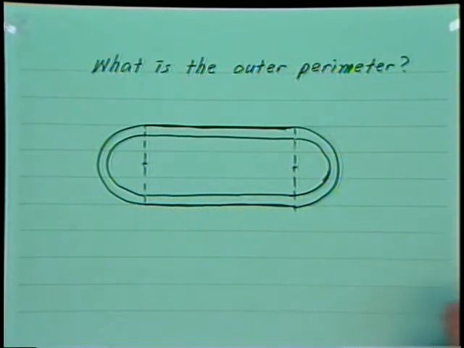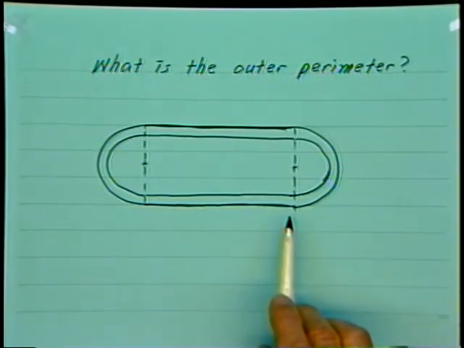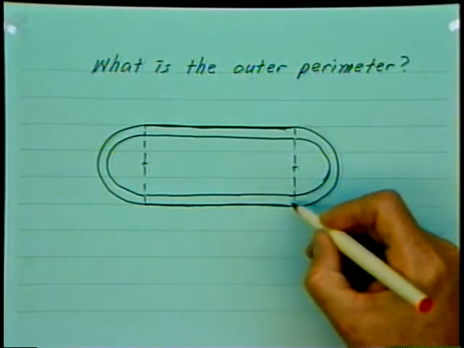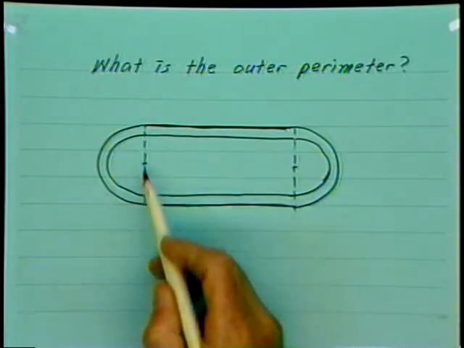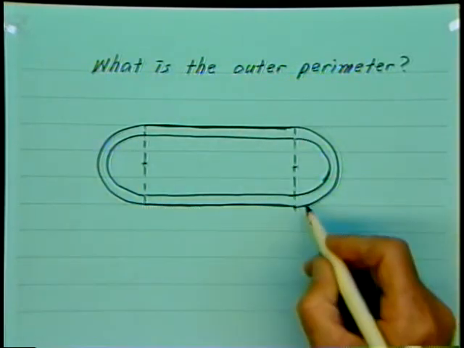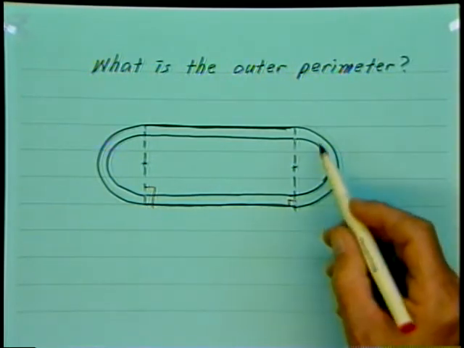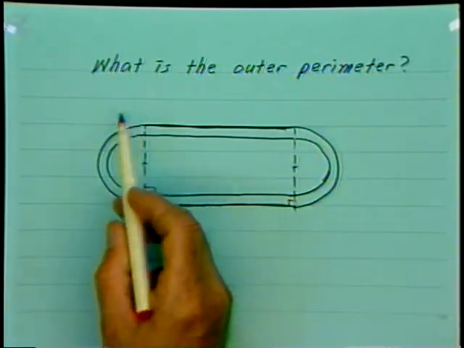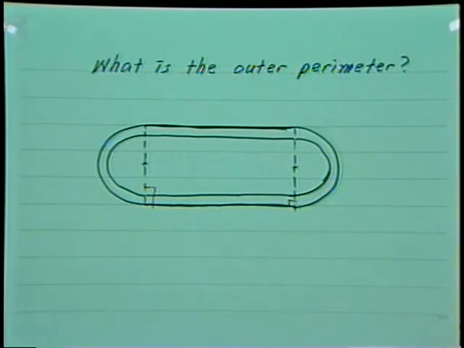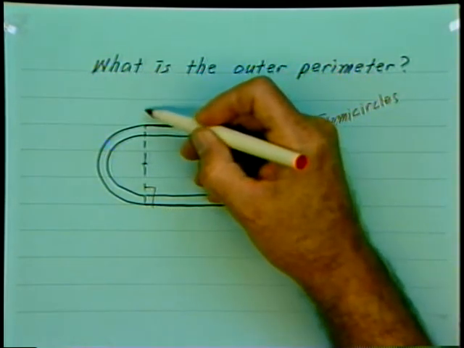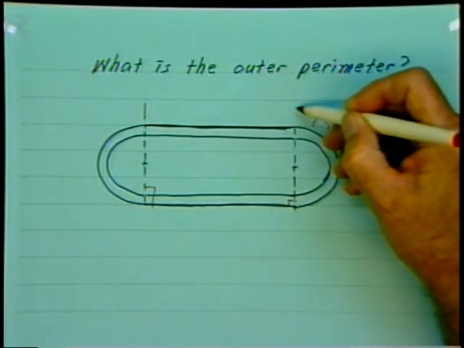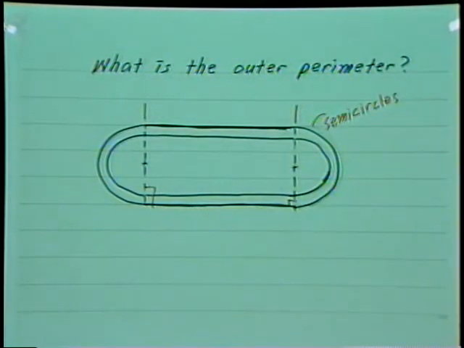Can we determine what's the least measurements we need in order to find that if we were told that in fact this central portion here is a rectangle, and if we also were told that the end curves are semicircles? Can you see that it's simply enough for me to know this one length?